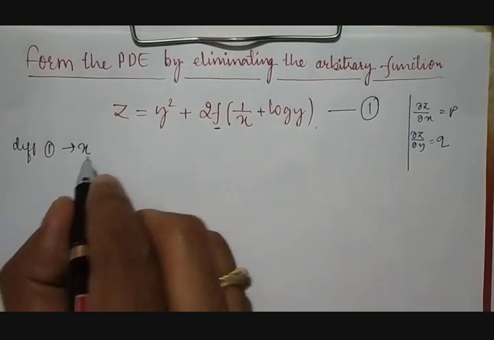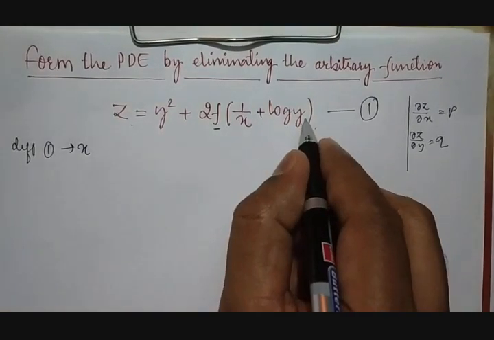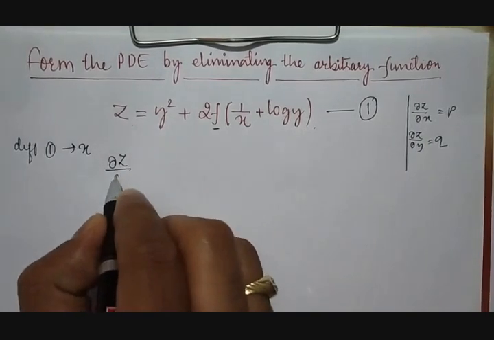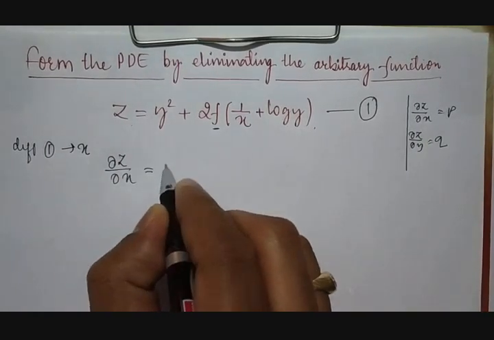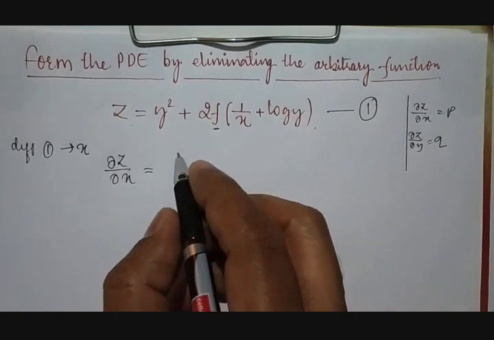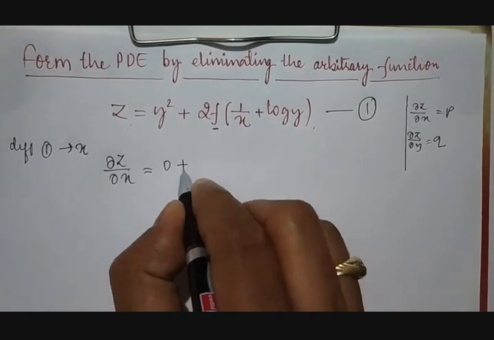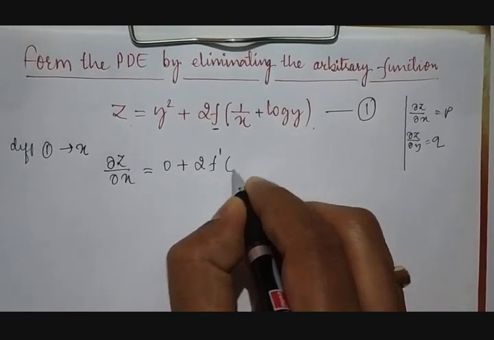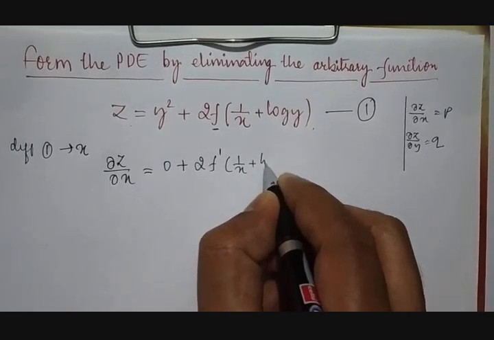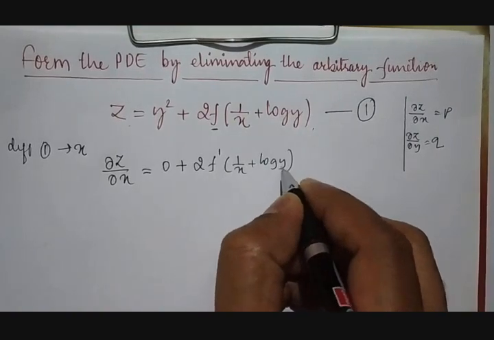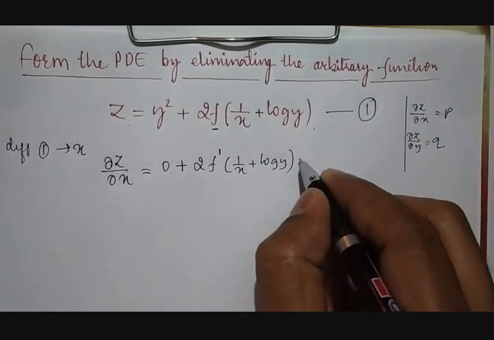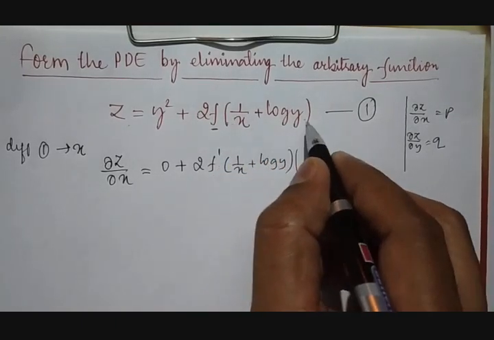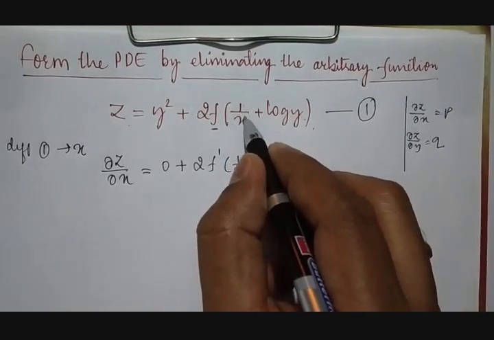Therefore, when we differentiate this given equation with respect to x, we get dou z by dou x is equal to differentiation of y square with respect to x, which is 0, plus 2 times f dash of 1 by x plus log y into differentiation of this bracket with respect to x.